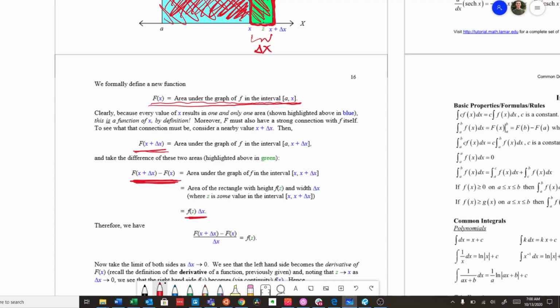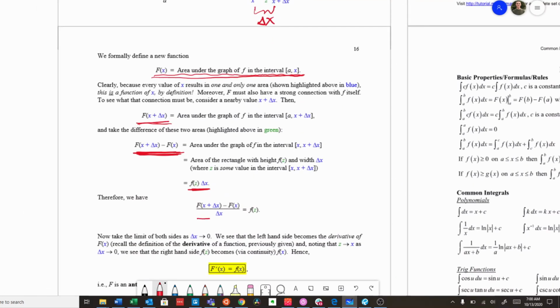Now, if I divide both sides of this equation by delta x, and that would look like this, I can then just take the limit as delta x goes to 0, and you'll see that I have the limit as delta x goes to 0 on the left-hand side. This is just the formal definition of a derivative right here, right?